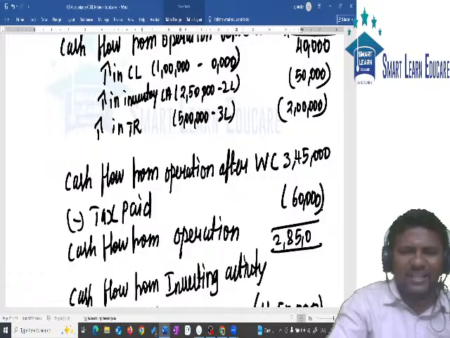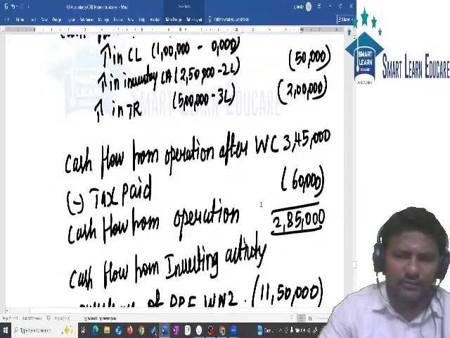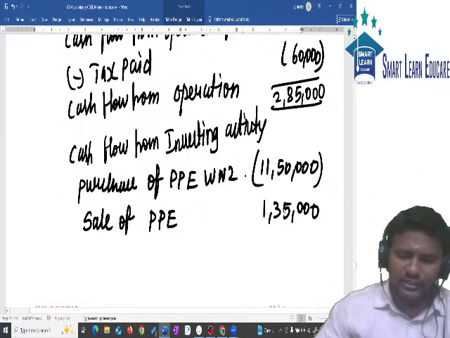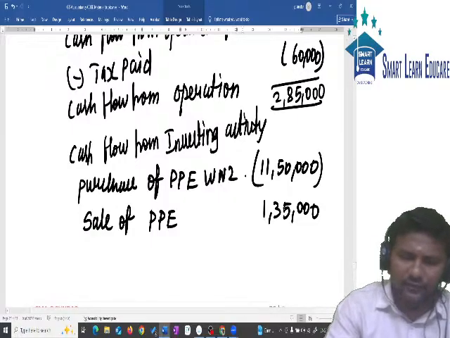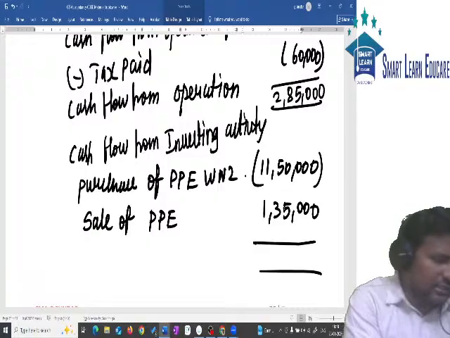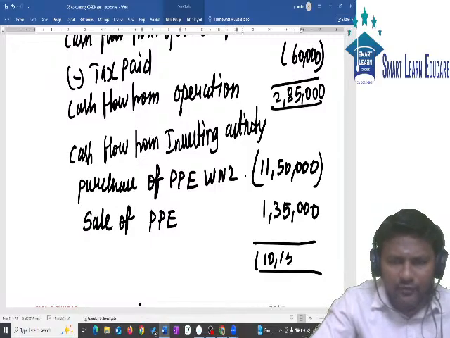and cash flow from operation it is 2,85,000. Investing activity oda numbers evlo? What are the numbers for investing activity? Investing activity it is 11,50,000 and 1,35,000. Net what is the investing activity? It is 11,50,000 minus 1,35,000 will give you outflow of cash 10,15,000.